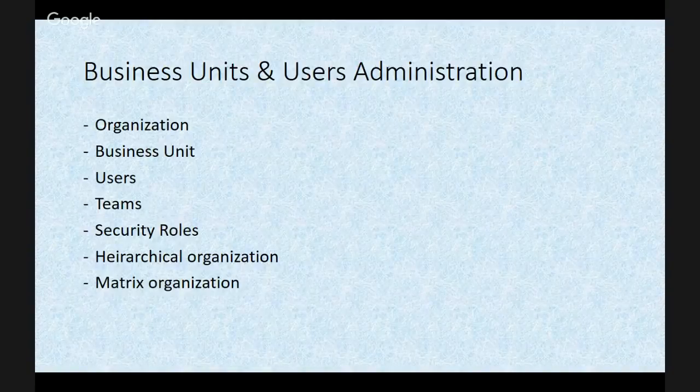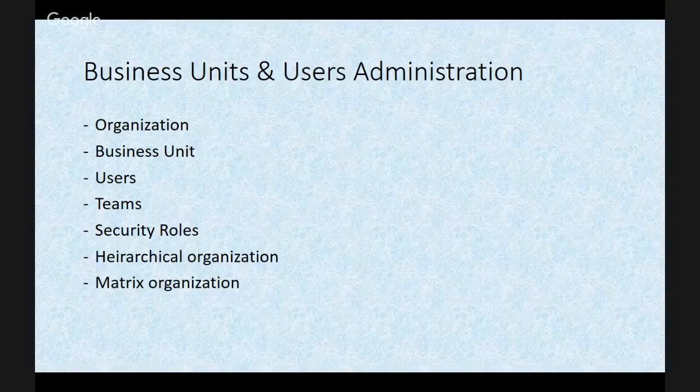Matrix organization. So once we have created a hierarchical organization, remember we touched on the topic that you can create teams which can have users from different business units, and it's not necessary that the team has members from the business units at the same level where the team is.